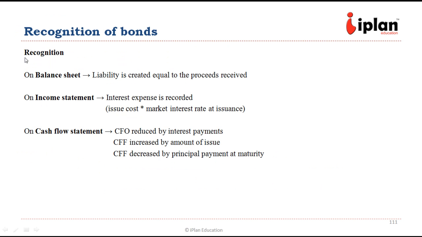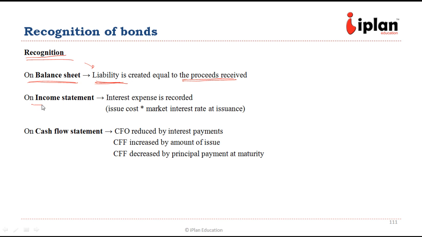Now recognition of bonds. We know at the balance sheet the bonds are recognized as a liability which is created equal to the proceeds received. So when the bond is issued, certain proceeds are received, or the price of the bond. According to that, the liability is created.